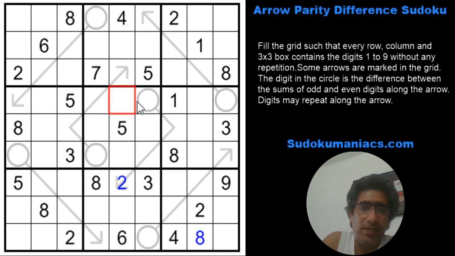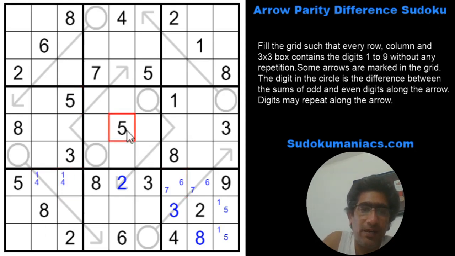So, 8 will be in these two and these two, okay. 3 cannot be here, 3 cannot be here. So, this has to be a 3, which means the 5 cannot be in these two. 5 is locked here, and the 1. So I get a pair of 1 5, 1 5, which gives me a 6 7, 6 7 with a 1 4, 1 4. Good so far?